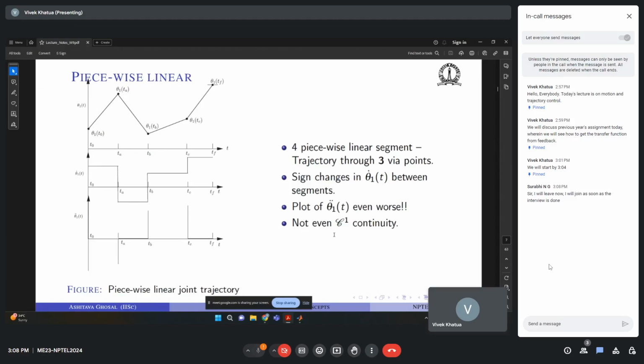So we would want theta to be continuous, theta dot to be continuous, and theta double dot to also be continuous. We don't want singularities. That is what we mean by it.